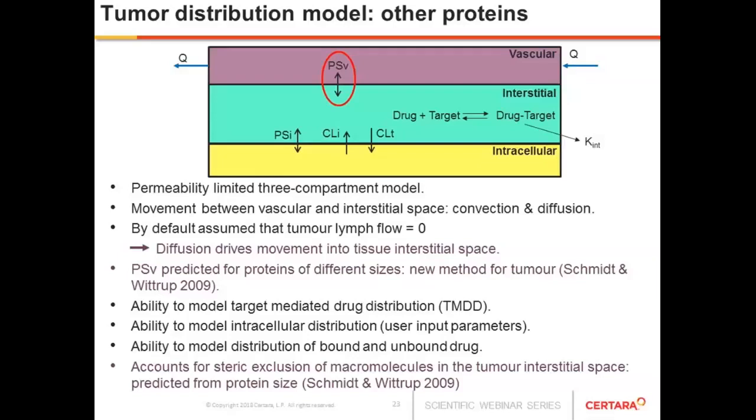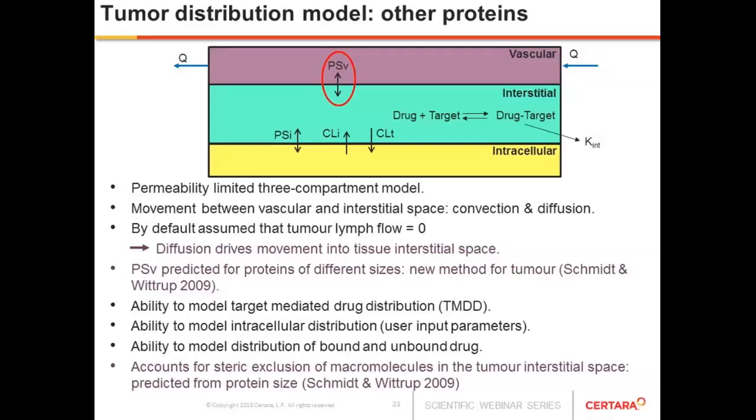So that's an automated calculation within the simulator. You can also model target-mediated drug disposition as well as intracellular distribution through user input parameters. And the model, like all our therapeutic protein models, can account for distribution of both the unbound and the bound drug, and the impact that this has on the overall protein size, which can impact on the distribution.